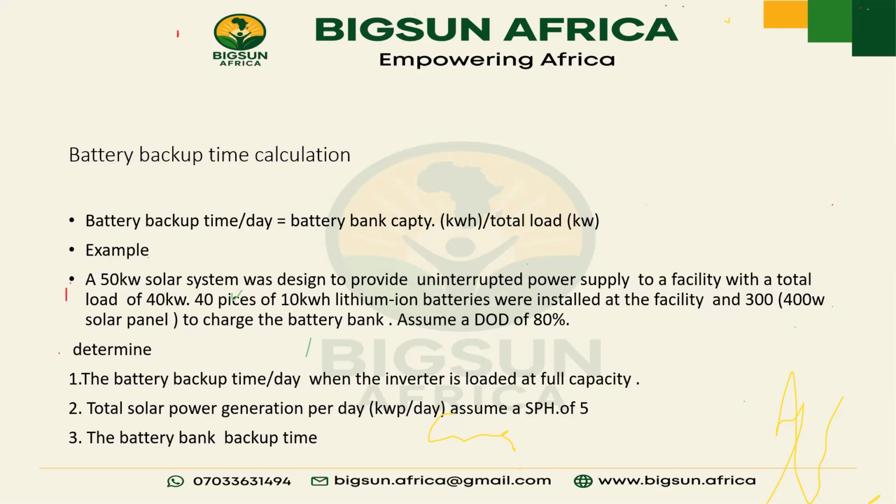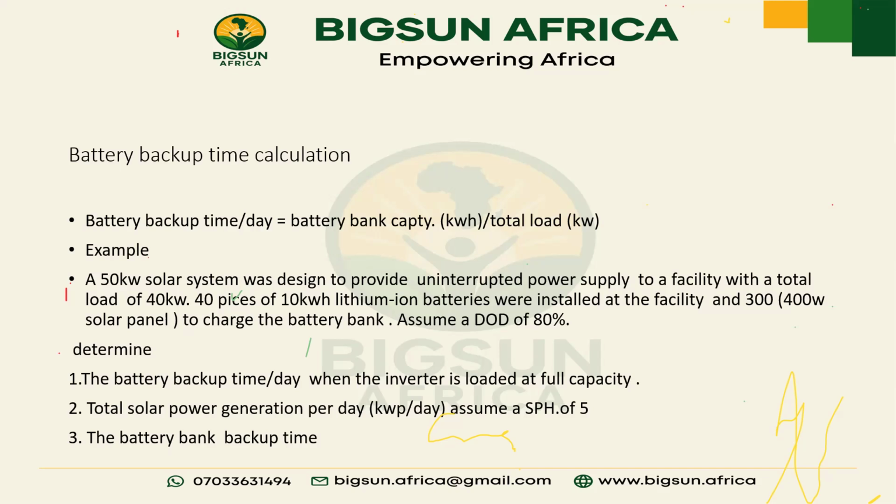And then they said 300 pieces of 400 watt solar panels to charge the battery bank. So solar panel capacity is 300 times 400, which is 120 kilowatt power. Now, they say assume a DOD of 80%.